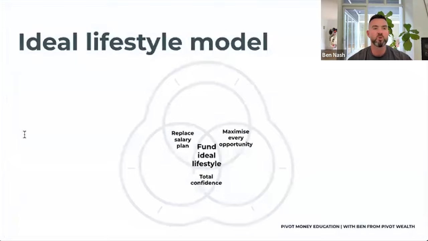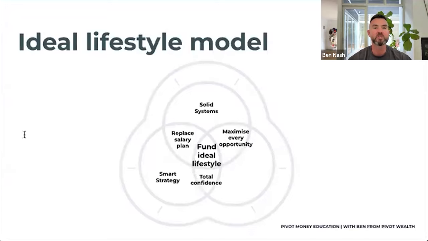So with this model, we've got the three things that we want to get to: replace your salary plan, maximize every opportunity, and total confidence. How we get there, there's basically three ingredients that create these outcomes. The first is having a smart strategy. So you're making the most of the money that you've got, that you're using all of the rules to your advantage, and that it's right for you.